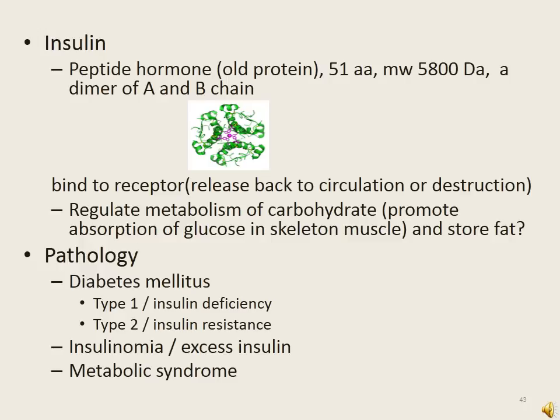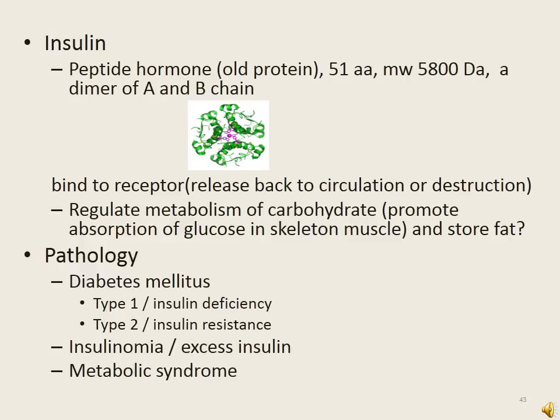It's just a small peptide composed of 50 amino acids and a small molecular weight, just 5.8 kilodalton. It is a dimer composed of an A chain and a B chain. It will react to its specific receptor, and it can be released out from the cell and go to the circulation.